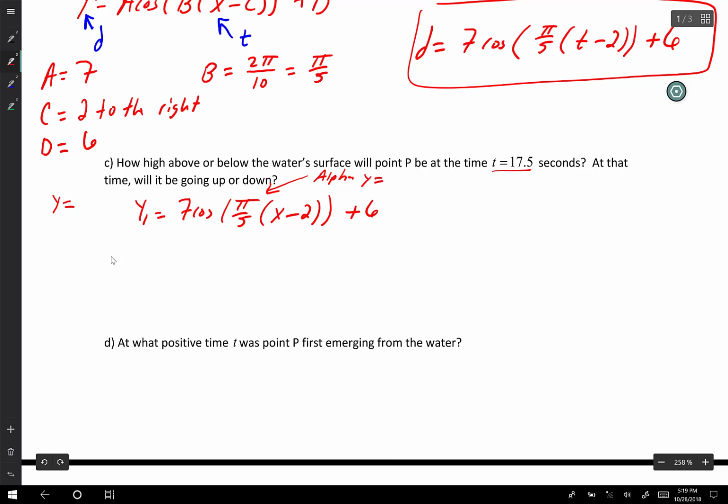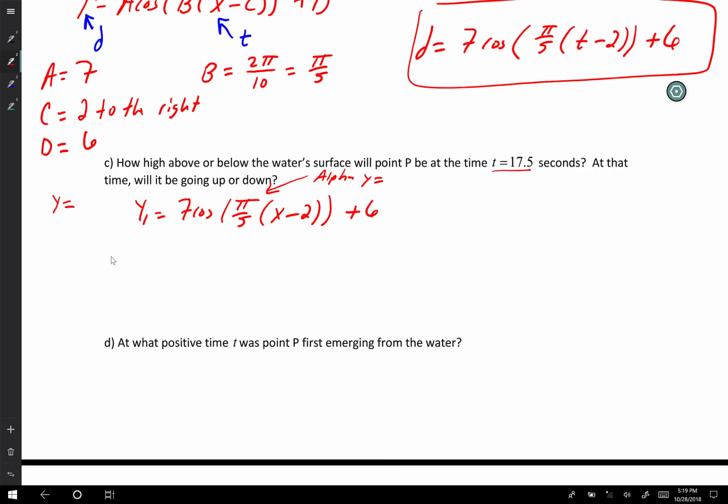So let me do that right now. I'm doing it myself too. 7 cosine, pi over 5, open parenthesis, x minus 2, close, plus 6.